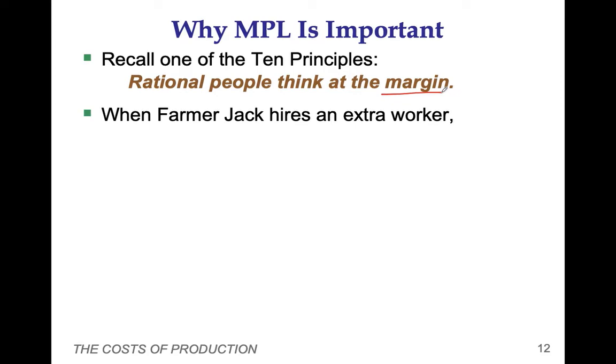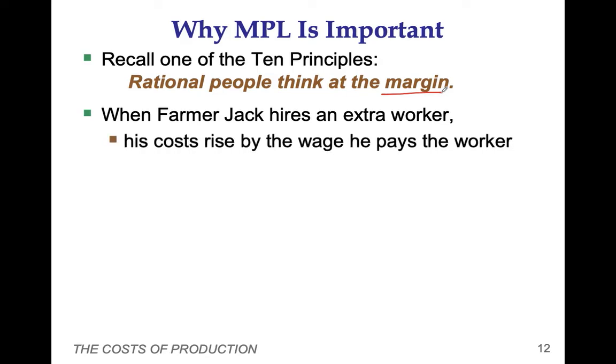So I will show you here how this rational individual is thinking at the margin. He compares two things: the cost of hiring one extra worker, which is the wage he pays to that worker, to the revenue that is going to come from this extra worker.